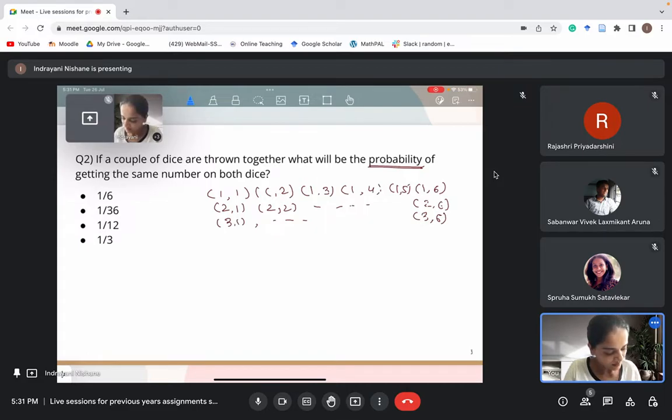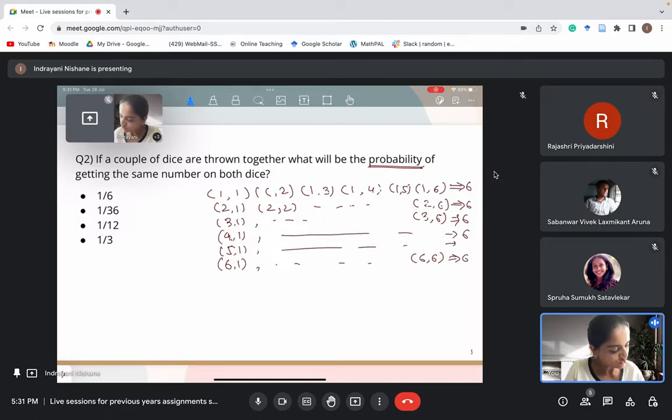Okay? And so on. 6, 1 to 6, 6. So these are total 6 outcomes. 6 outcomes. And here also 4, 1, 5, 1. Total of 6 outcomes, which will give us total 36 sample cases. Now we have to count.